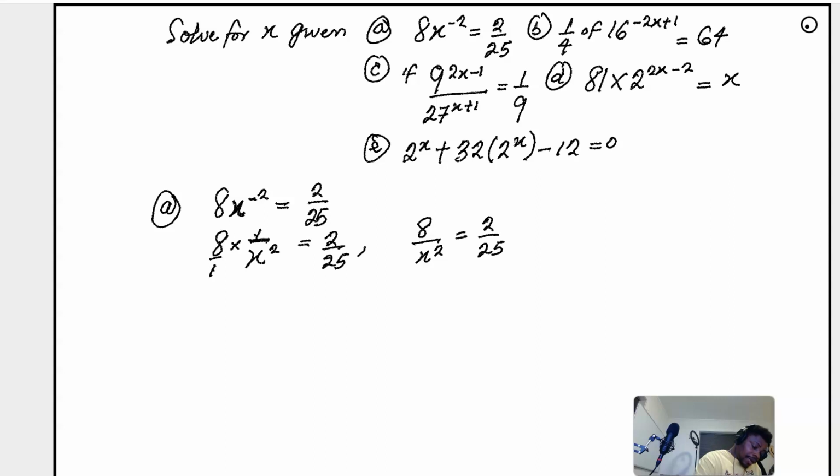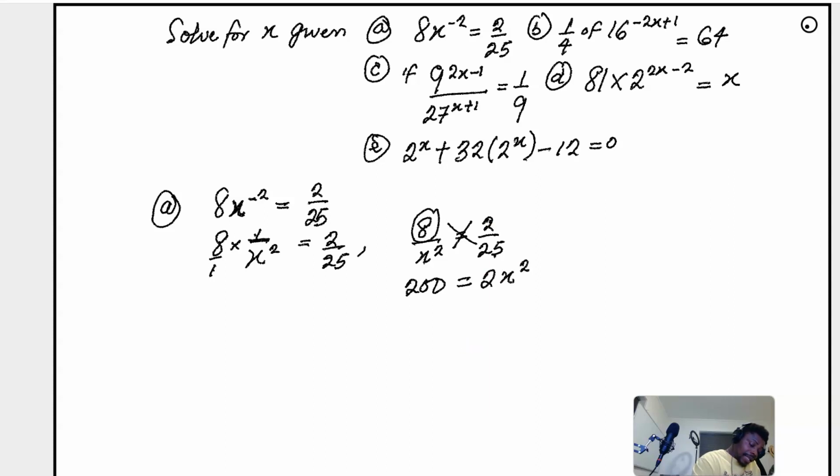Right? Now, you can cross multiply. So that means 8 times 25. Let's quickly multiply 8 times 25. That is 200. Is equal to 2 times x squared, that is 2x squared.